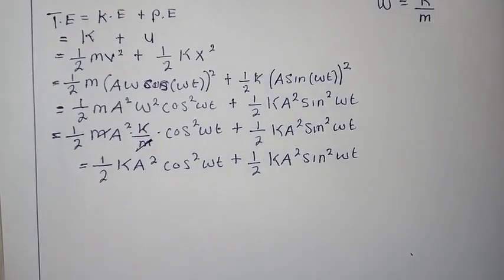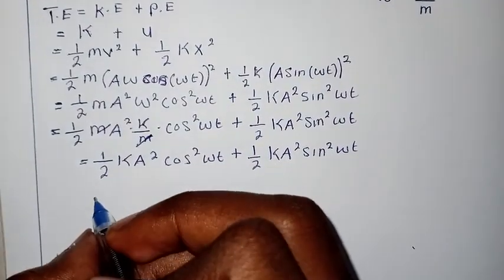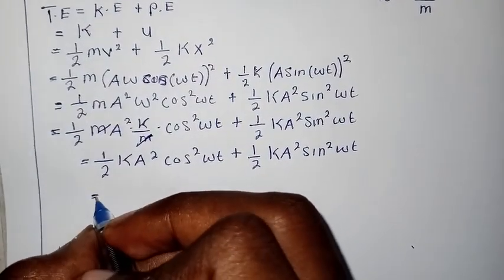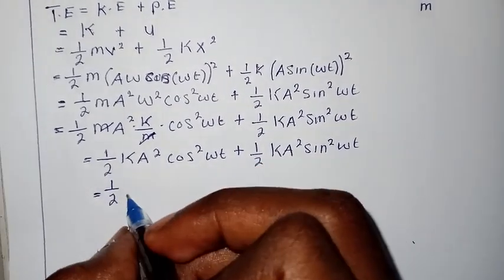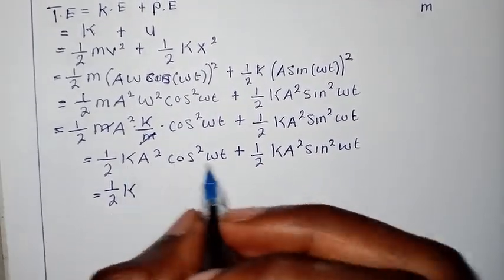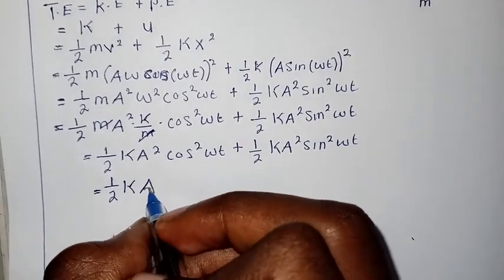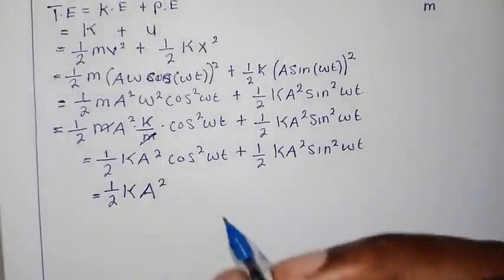So if we factor out 1 over 2, then we factor out K, because we have K and K, we can also factor out A to the power 2.